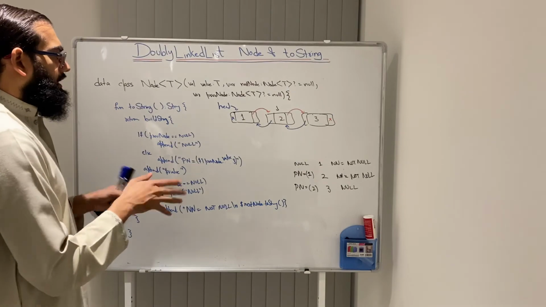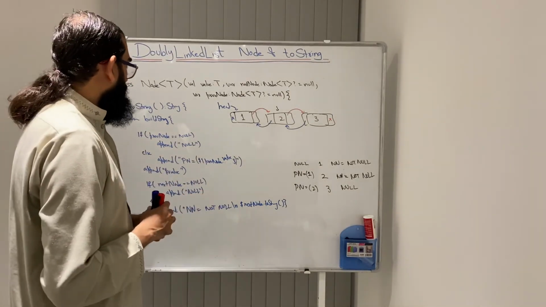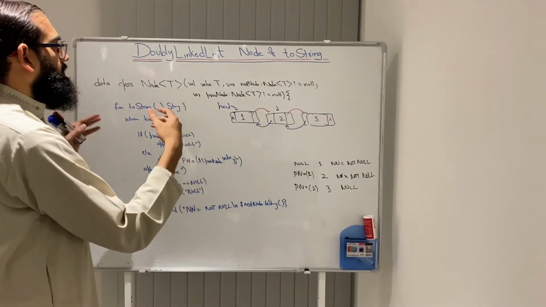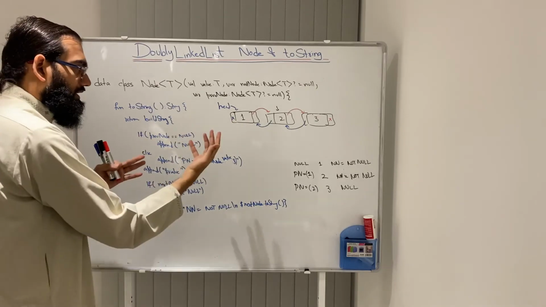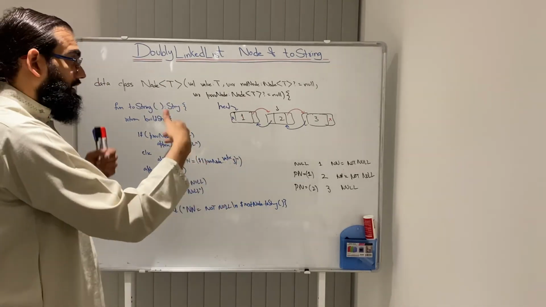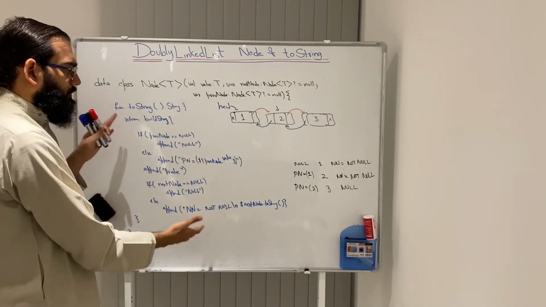And now we can move towards the coding part, and hopefully until now you really understand. We have a problem because there are two links, previous and next node. It creates a loop when we are going in a recursion. So to break that loop, we implemented this technique or this method.